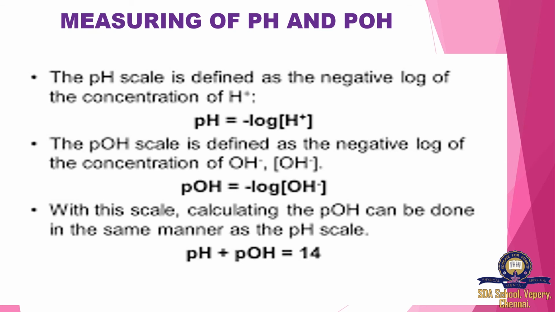The pOH scale is defined as the negative log of the concentration of OH- ion, used to find out the basicity of the solution. pOH is equal to minus log [OH-]. With this scale, calculating the pOH can be done in the same manner as the pH scale. When we add pH plus pOH, it is equal to 14.